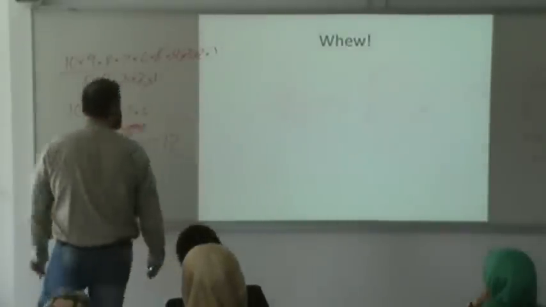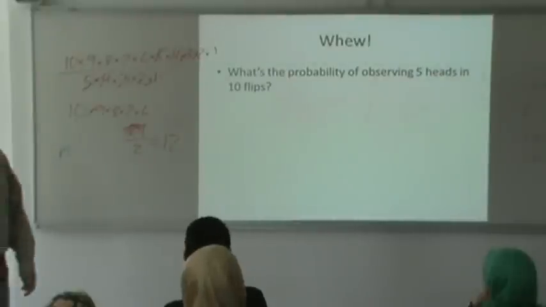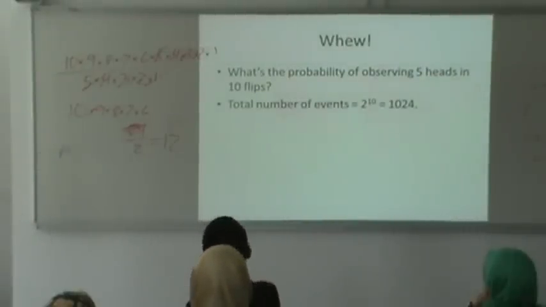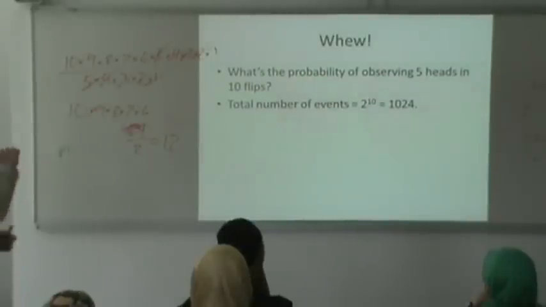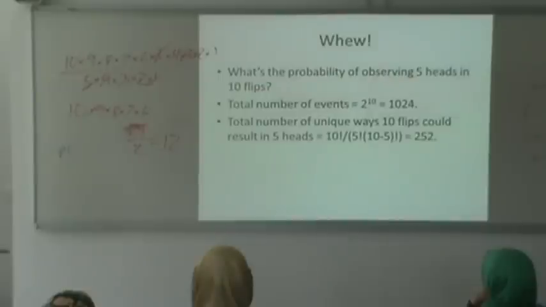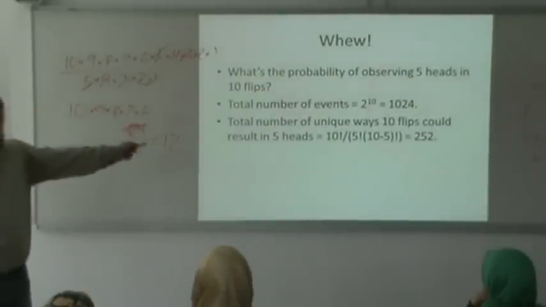So, back to our question. What's the probability of observing 5 heads in 10 flips? So we know the total number of events is 1024. We calculated that before, right? By 2 times 2 times 2, 2 to the 10th. The total number of unique ways 10 flips could result in 5 heads is the combination.